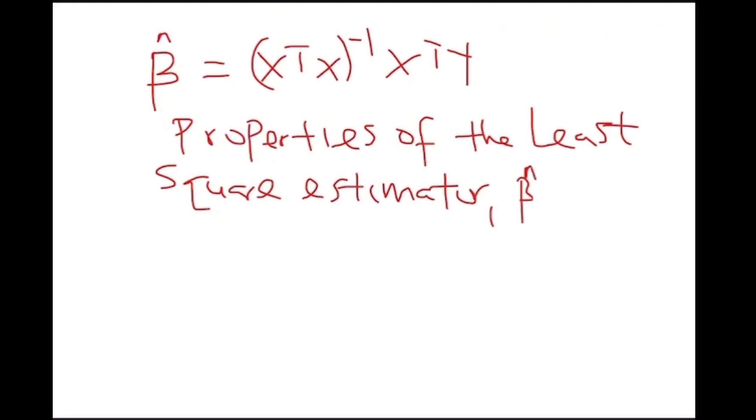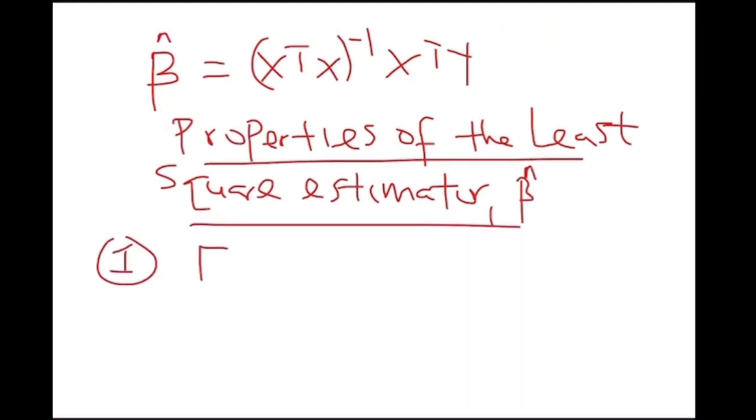Now don't forget the beta curve. I'm going to tell you the expected value of a beta curve is equal to beta, because the beta curve is a random variable.